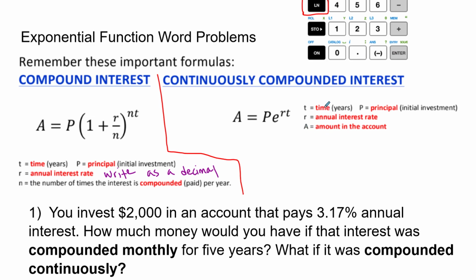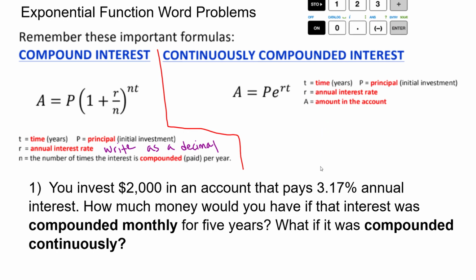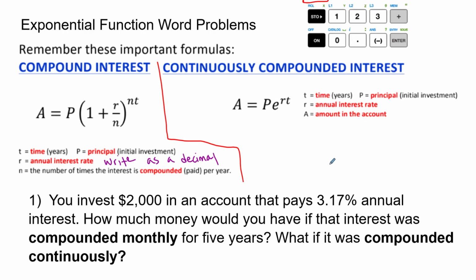Let's do an example. You invest $2,000 in an account that pays 3.17% annual interest. So first off, 2,000, that's our P, our starting initial investment. 3.17% is our interest rate, which we have to write as a decimal.